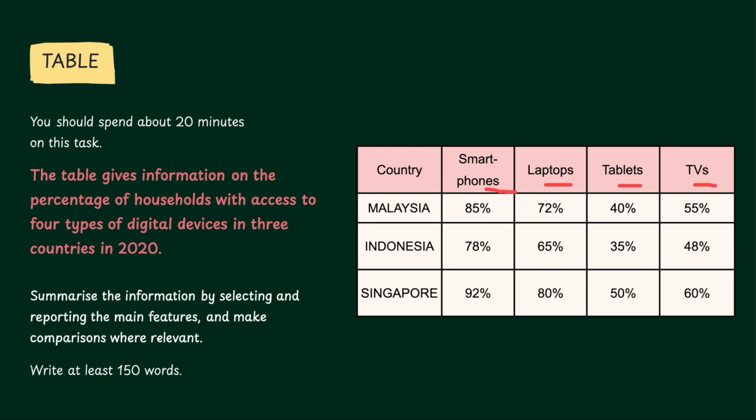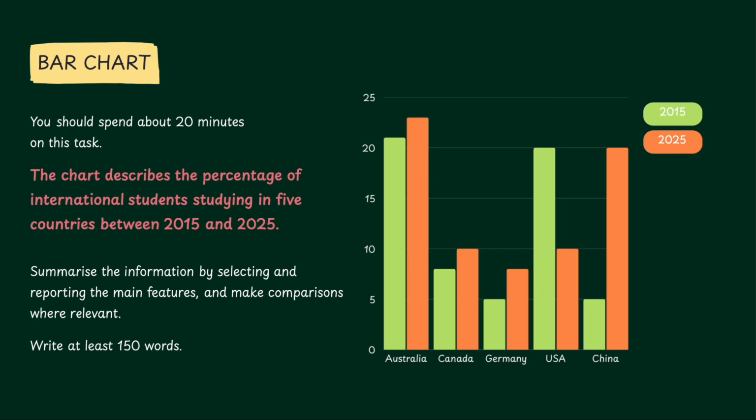Now let's move on to the next question type, the bar chart. In this chart, you are asked to describe the percentage of international students studying in 5 different countries from 2015 to 2025. And this is where we really need to sharpen our data analysis skills.